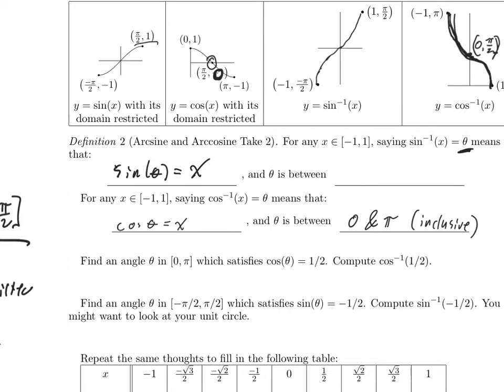Well, you can see it in the graph of inverse sine. What's the most negative y value you see? Negative pi over 2. The biggest y value you see is pi over 2. So that angle theta has to be between negative pi over 2 and pi over 2, and you should allow the chance that theta is one of those two things, inclusive.